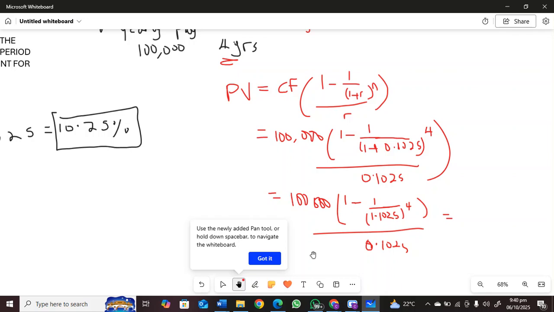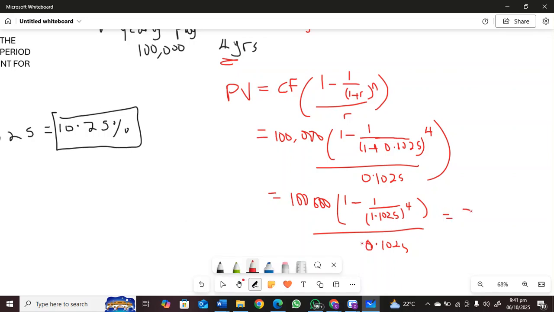The network was cutting for a small while. 317,229. Colleagues, what about the others? Let me also tabulate. I was doing something.